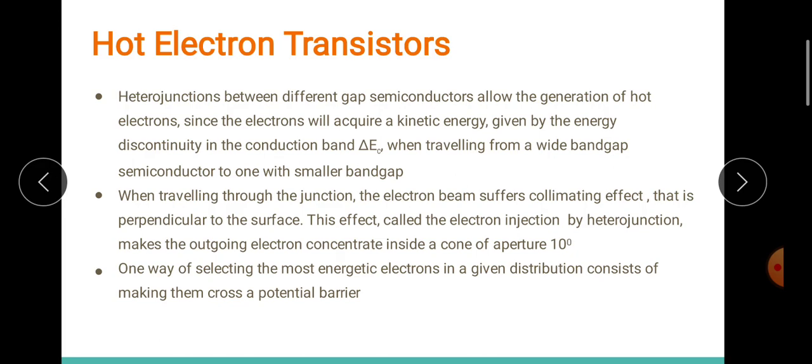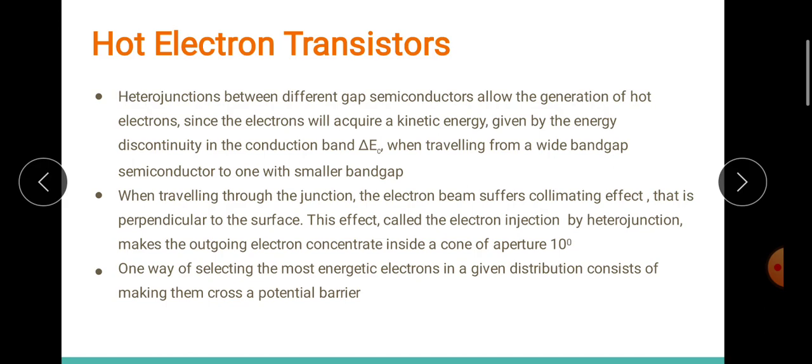So we can do it by two methods. One is making electrons pass through the potential barrier which is thick. Only the hot electrons can cross the barrier. Another one is we inject hot electrons based on the formation of thin potential barriers. So two ideas are there.